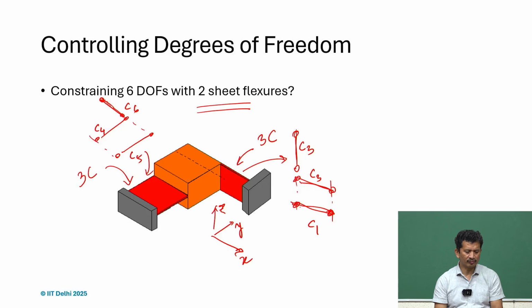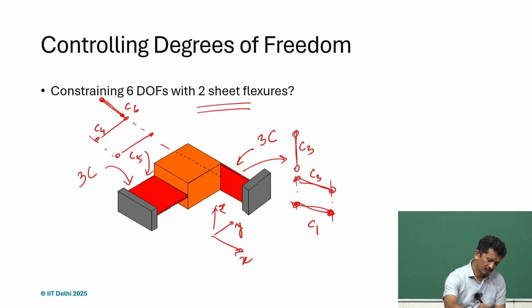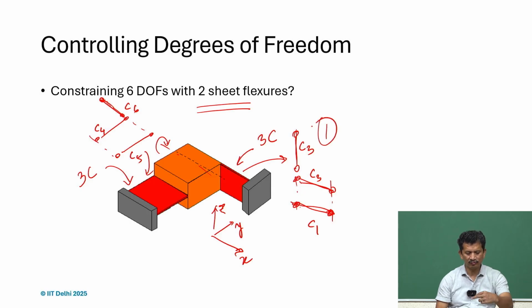From here also what we realize is that if we try to twist along this axis, actually this set can be twisted, but the set 2 can also be twisted.